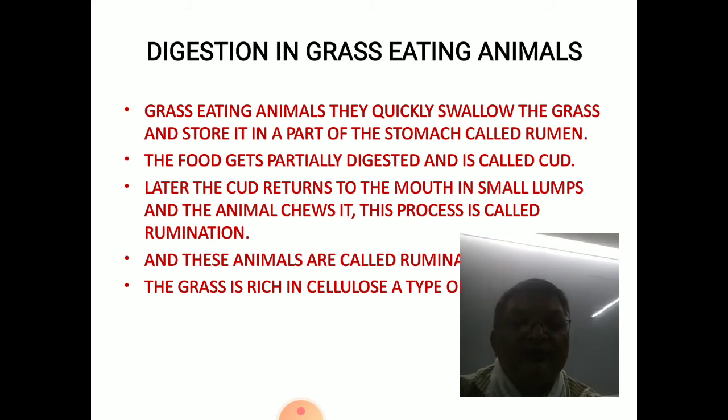Rumen means grass eating animals quickly swallow the grass and store it in a part of the stomach.